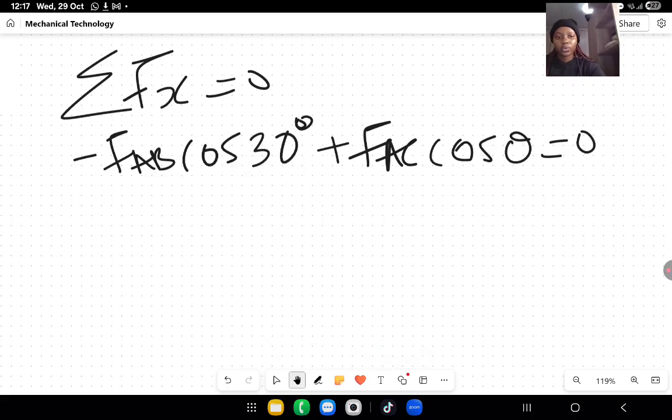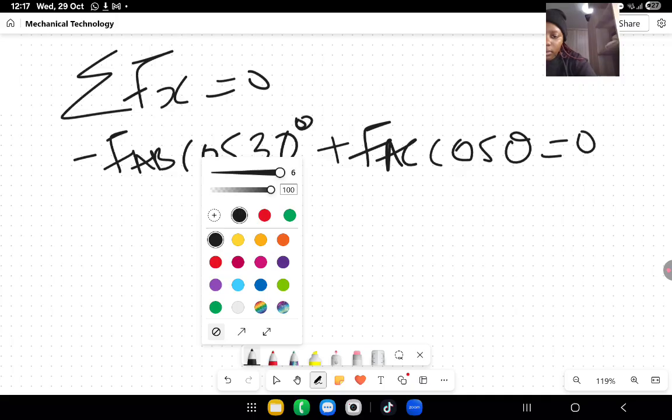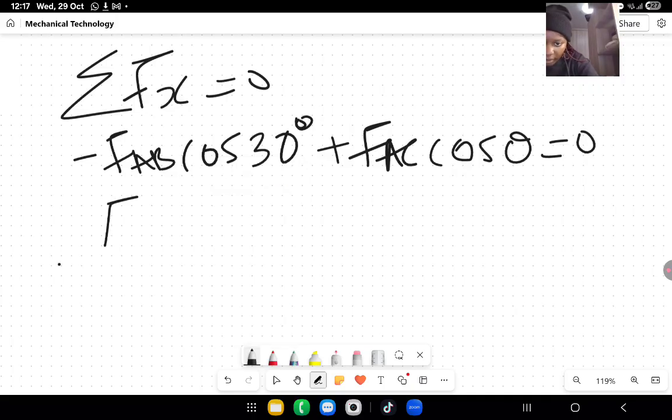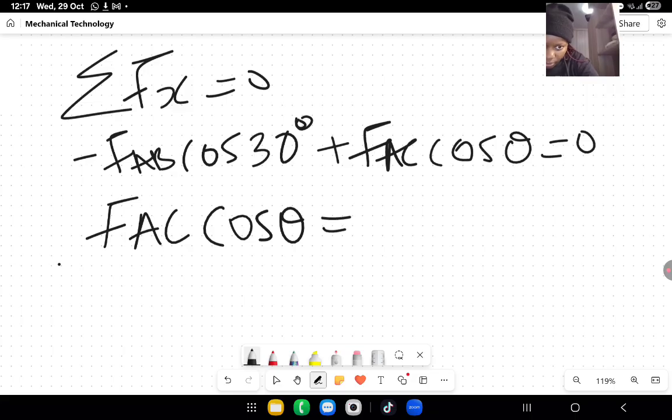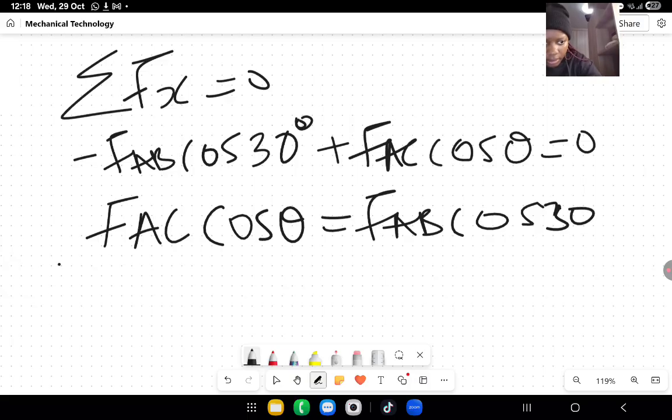Then we make FAC the subject of the formula. So we will say FAC cos theta equals FAB cos 30 degrees.